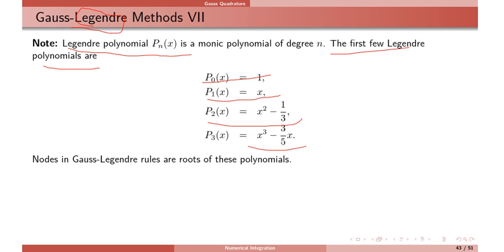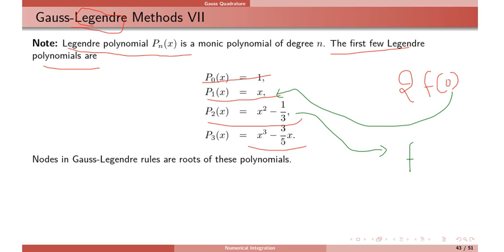And in Gauss-Legendre quadrature, the first formula was 2 times f(0). For this, 0 is the root of this p1. In the second formula, you got the function value at minus 1 by under root 3 plus the function value at plus 1 by under root 3.